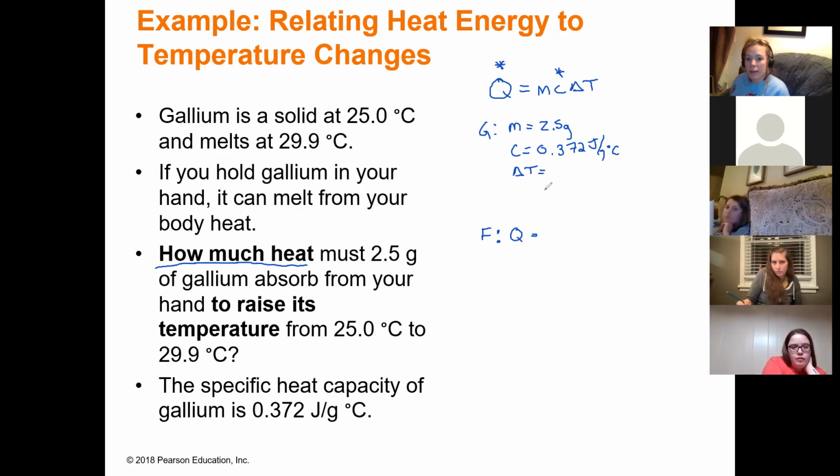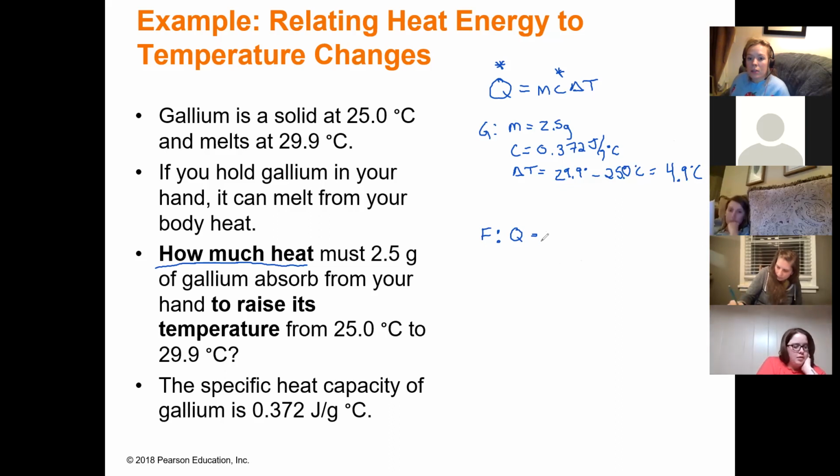We want to end at 29.9 degrees Celsius, and we start at 25.0 degrees Celsius. So what is our difference? 4.9 degrees Celsius is our temperature change. So we have everything we need.